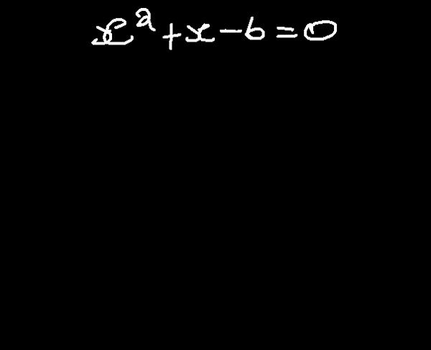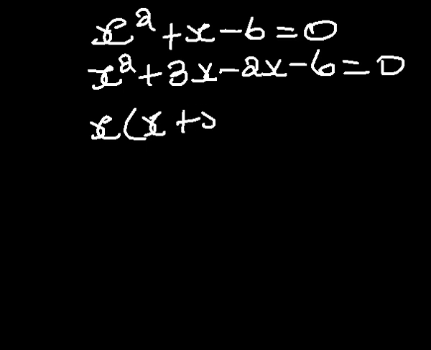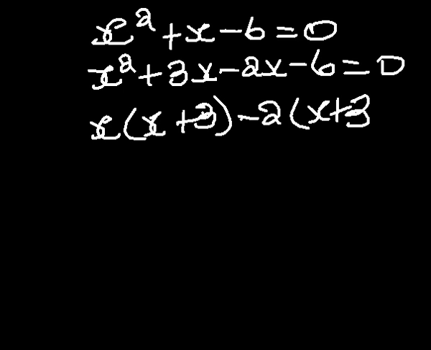In this case, we can use the factor method, in the sense that we have x squared plus 3x minus 2x minus 6 is equal to 0. And we'll have it as x times x plus 3, and minus 2 times x plus 3 as well, which is equal to 0.